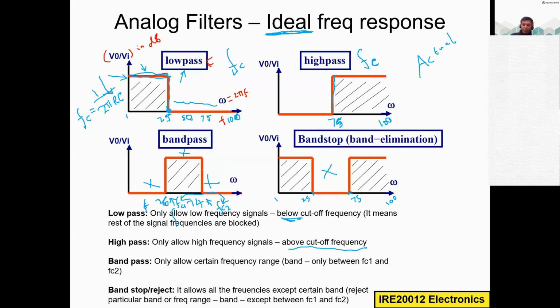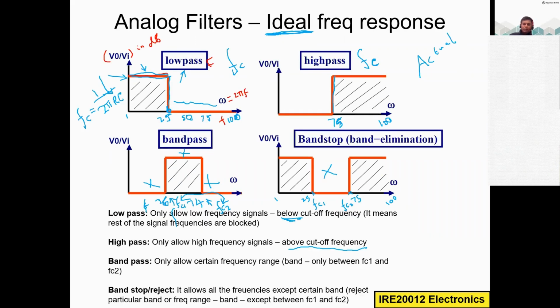In this case, we also have FC1 and FC2. So it excludes the frequencies between FC1 and FC2 and passes the rest of the frequencies.